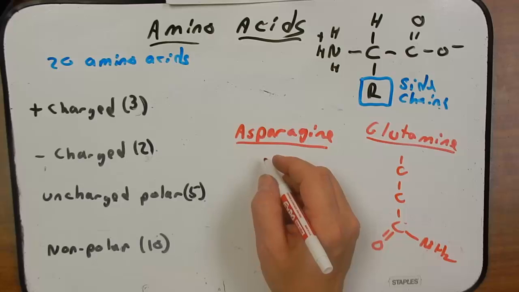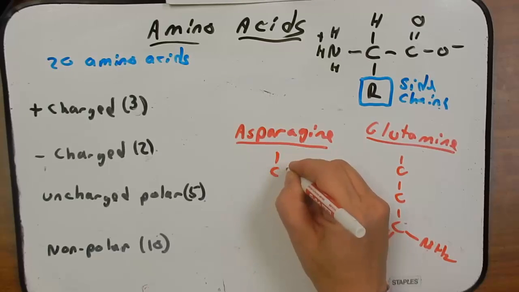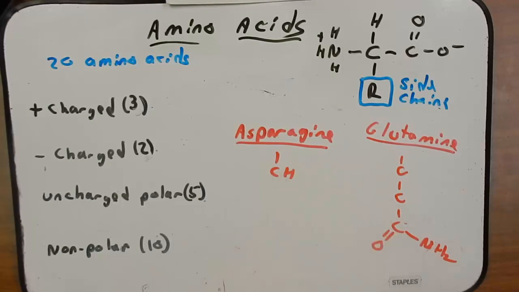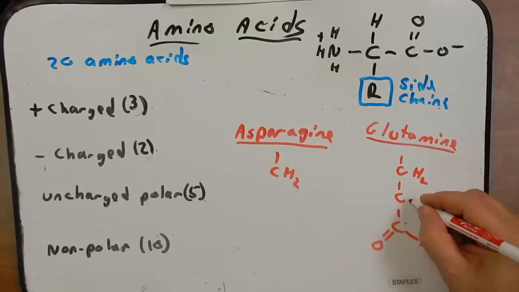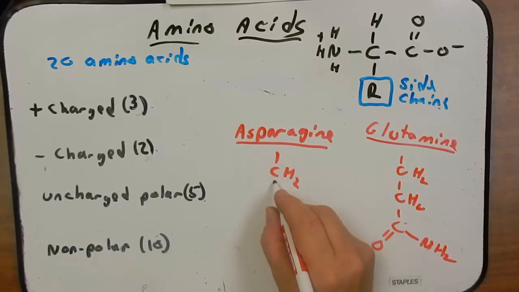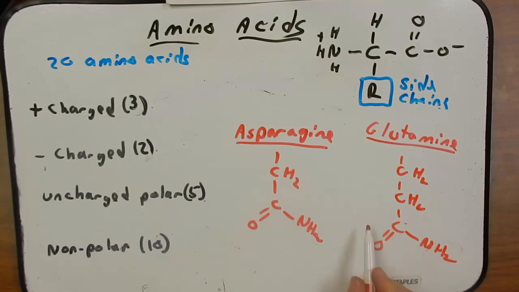Asparagine, like aspartic acid, has 2 carbons forming this R group. I should have put hydrogens around those up there to be accurate. So again, they're very similar to each other, except the asparagine has 1 fewer carbon than the glutamine.